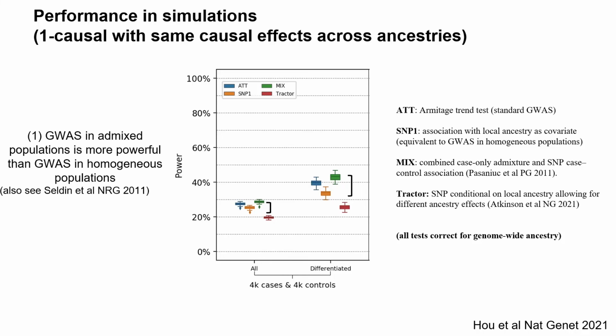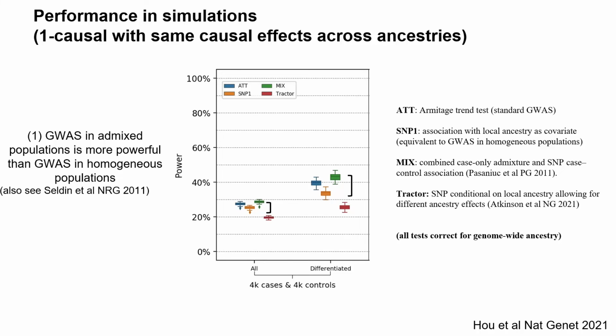So here's the most powerful thing that you can see in the simulations. If you compare methods that do not adjust for local ancestry versus methods that adjust for local ancestry, you can already see that, in fact, at the same sample size of GWAS, you get more power by looking at mixed populations than by looking at homogeneous populations, because you get more signal from the differentiation.